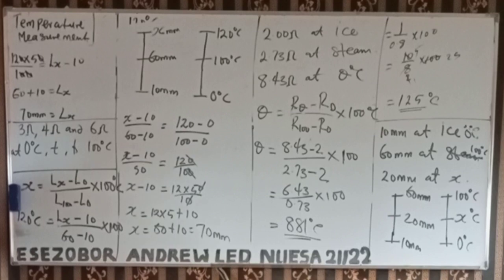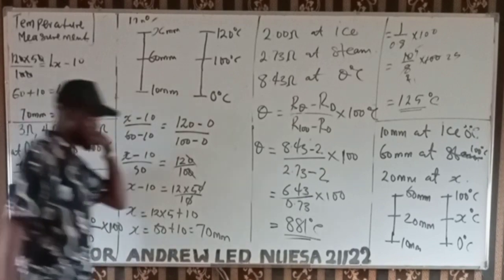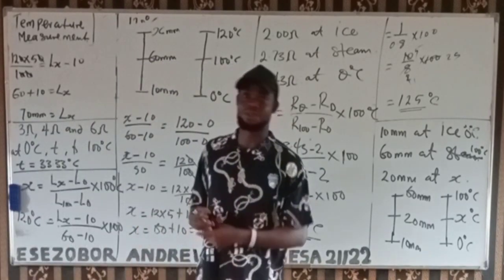What is the value of T? The value of T will be 33.33 degrees Celsius. Try your best to do this classwork. You're going to have 33.33 degrees Celsius.